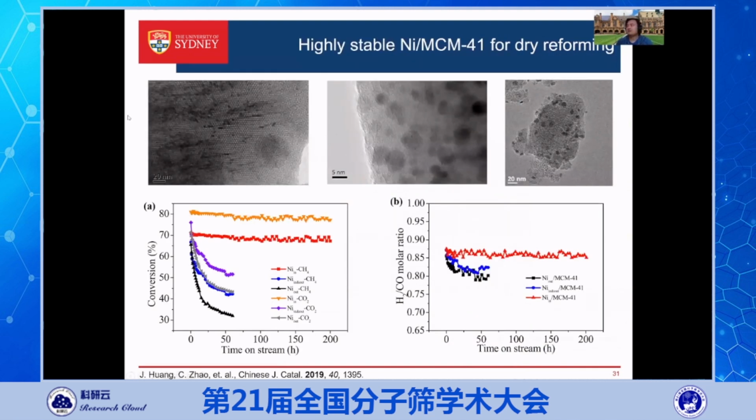Later, we cooperated with Professor Johnson, and we prepared catalysts with all nickel particles inside MCM-41, half outside and half inside, and totally outside the MCM-41 pores. We can find that if they are totally inside, the stability is much higher. Here is 200 hours, but I think they have already done over 800 or 1,000 hours with very good stability. But if it is a mixture of inside and outside, or totally outside, the activity drops down.